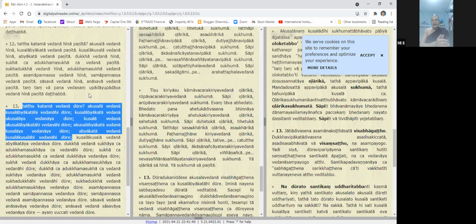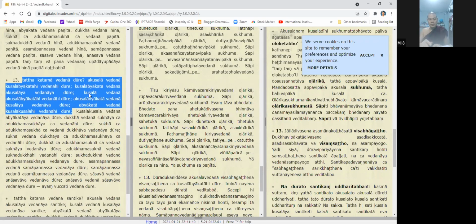If you take abyakata, abyakata is far from kusala and akusala. If you take kusala and akusala, they are far from abyakata. If you take kusala and abyakata as reference, they are far from akusala. If you take akusala and abyakata, they are far from kusala. So this is according to kusala tika. The commentator will give the reason now why they are far from each other like this.